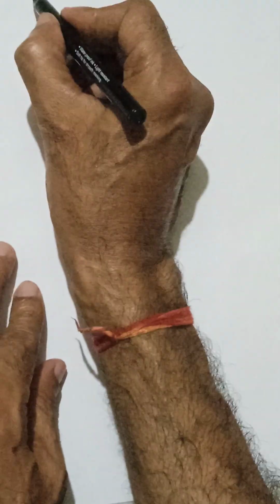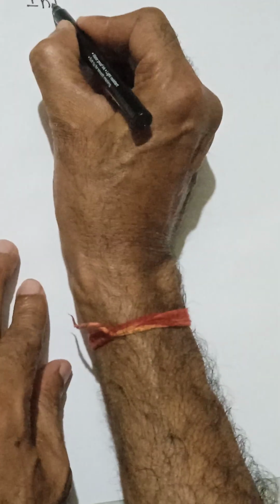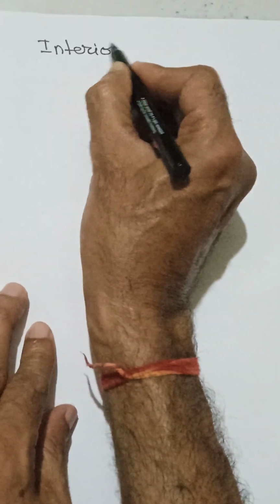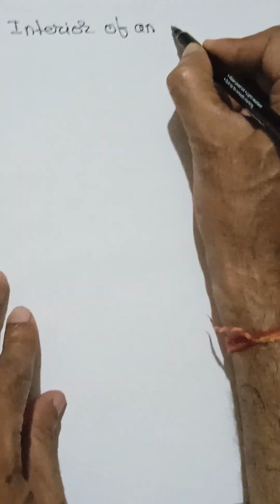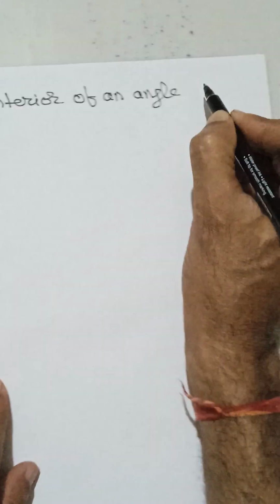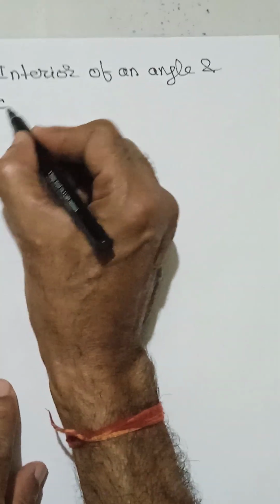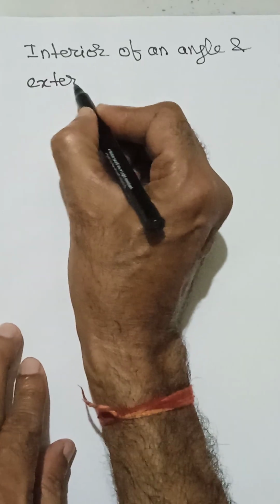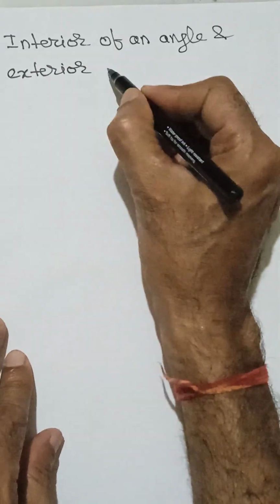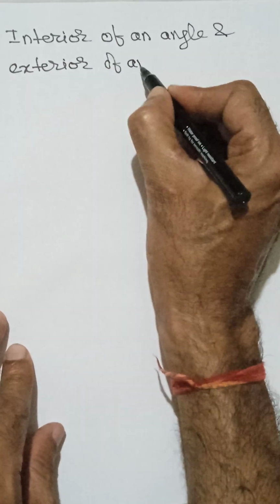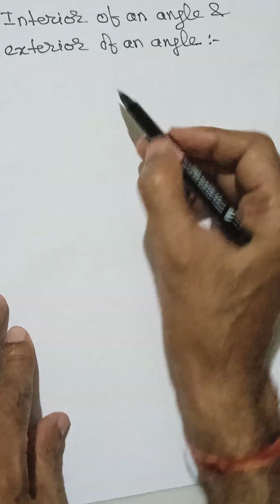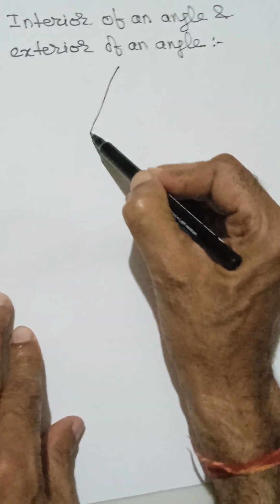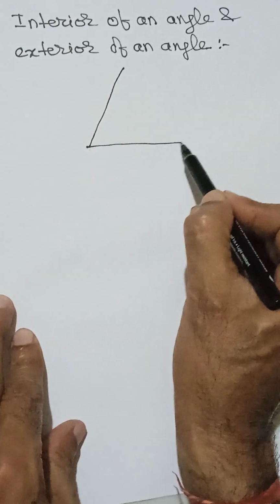Now we will learn the interior of an angle and the exterior of an angle. It is very easy to understand. Here we draw any angle.